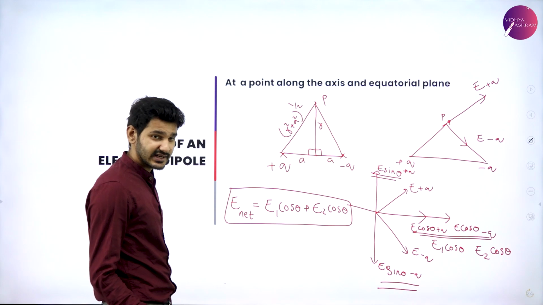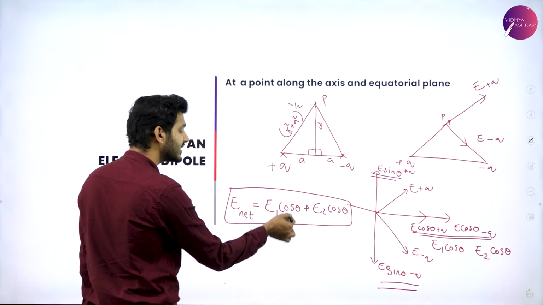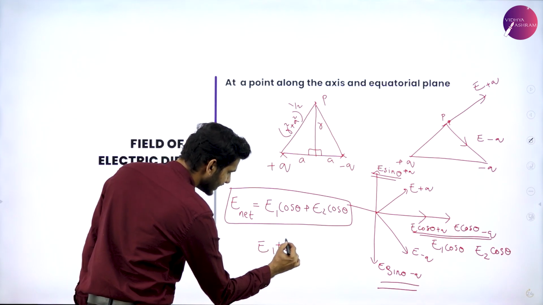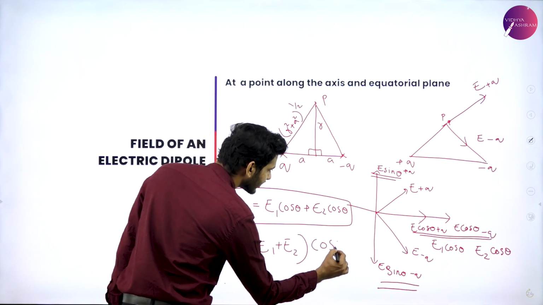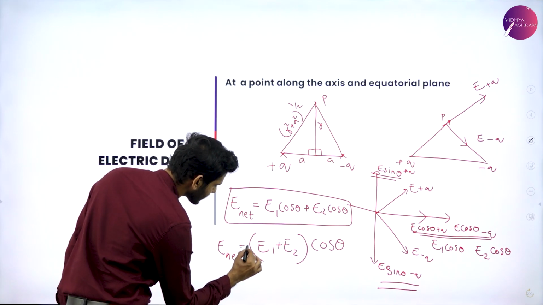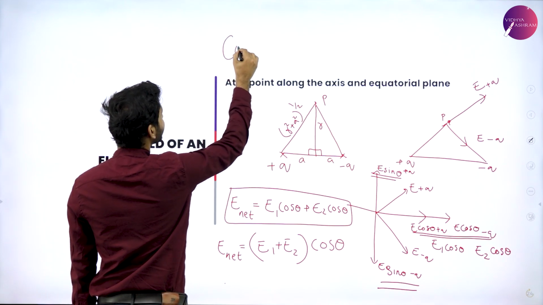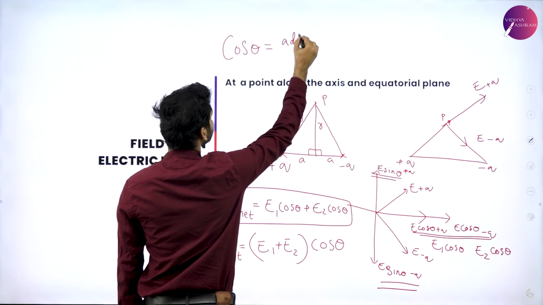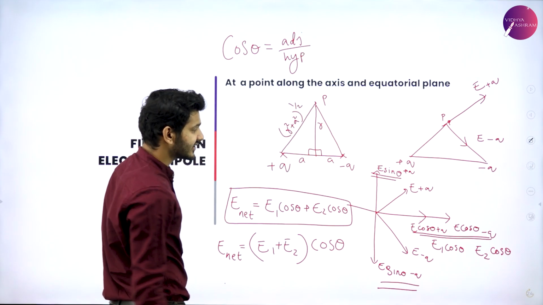As you can clearly see here, cos theta is common, so we are going to take cos theta outside so that we can write E1 plus E2 into cos theta as the net electric field. Now we know that the definition of cos theta is equal to adjacent side divided by hypotenuse. So what is the adjacent side here?